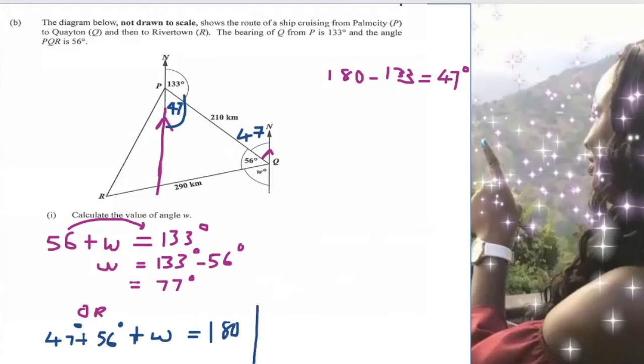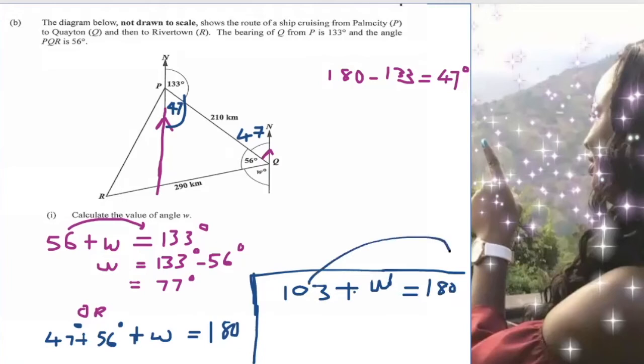Now, to find out, and this is another method, so whichever method works for you. I would add 47 plus 56. 47 plus 56 is 103. So I have 103 plus W equal 180. Then we carry the 103 degrees over the equal sign.